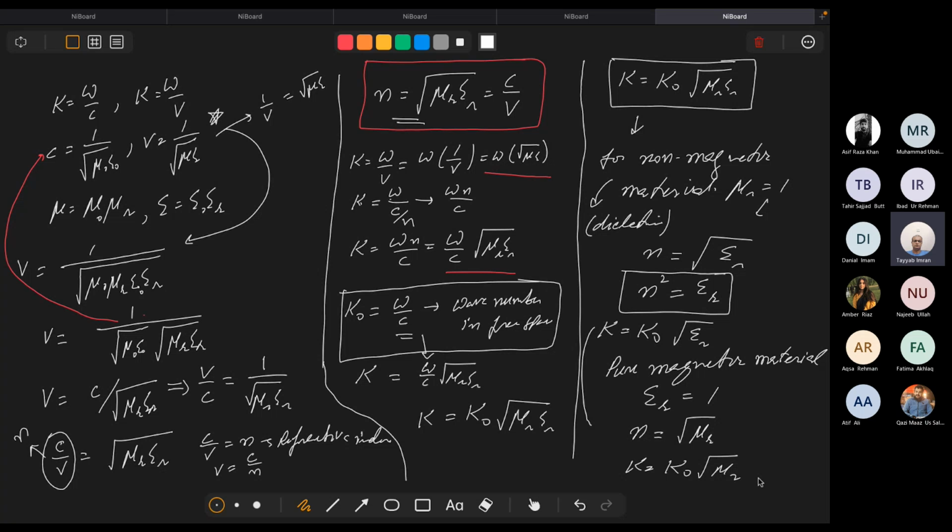So after this, ये wave vector से related जो stuff है, we'll go back to the Maxwell equations, ठीक है?